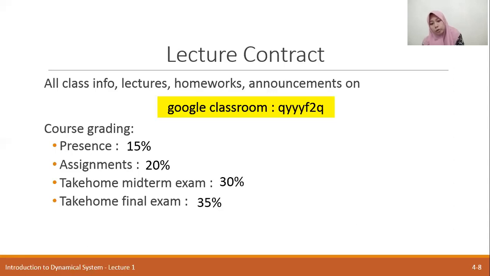Before, maybe I just gave you 10%, but for this semester I will give you 15%. And for the quizzes, I'm sorry, I will give you 20%. The assessment will be on a Monday cycle because the credit is two, so there is only one lecture once a week.